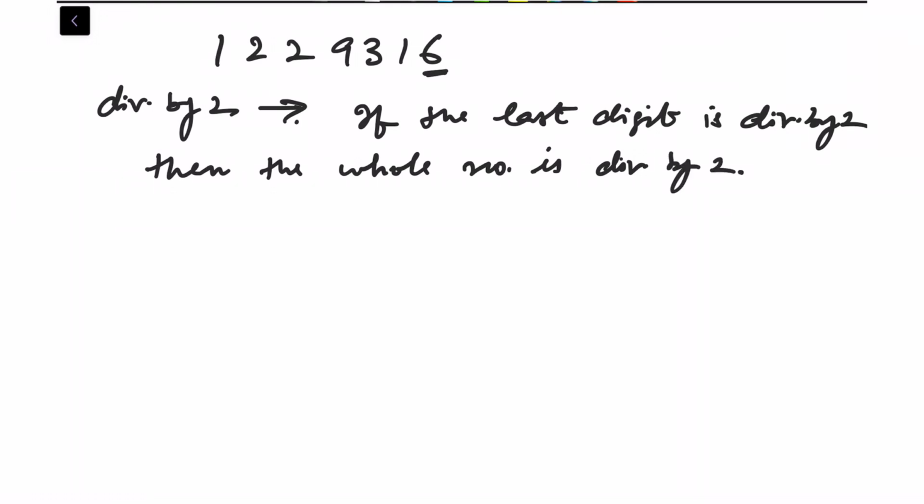As here 6 is divisible by 2, we can say that the whole number will be divisible by 2 as we get the answer. This is the answer.